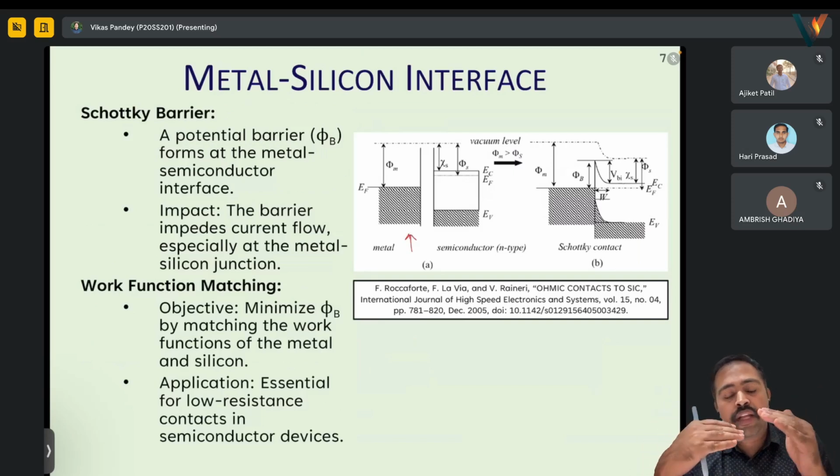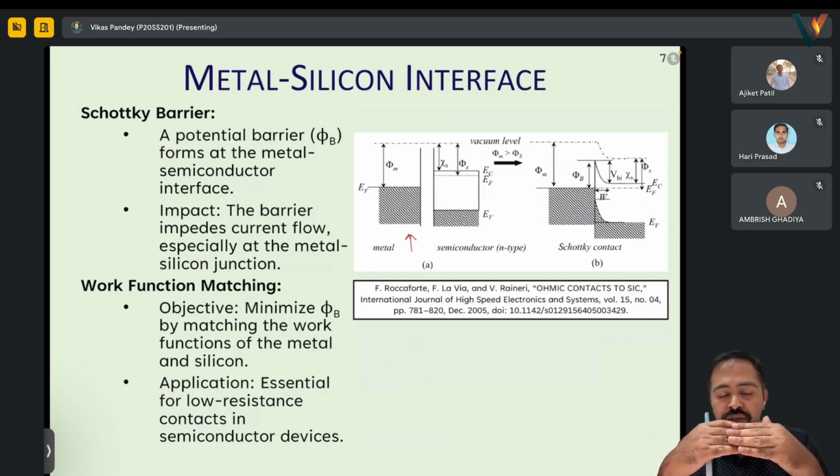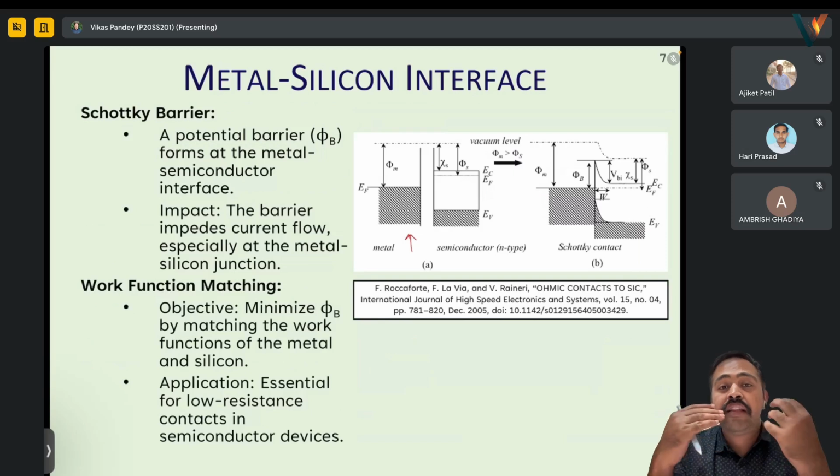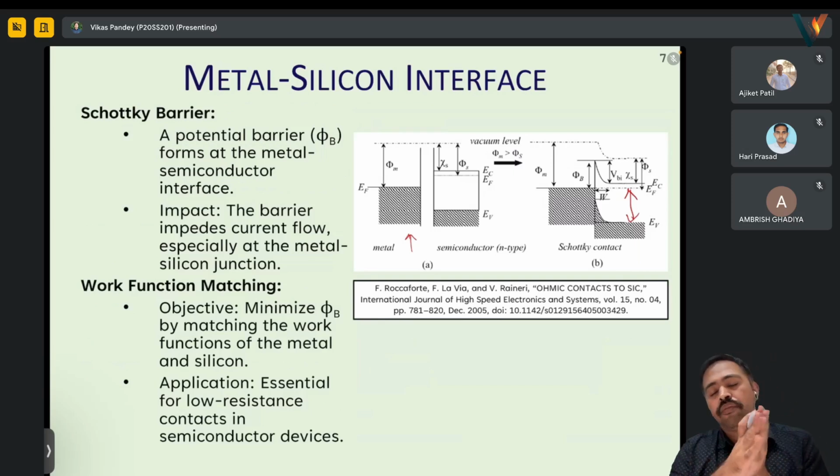The semiconductor and the metal will not have the same work function. So there will be some difference, and this difference leads to a small barrier for conducting electrons, or whatever charge we have.